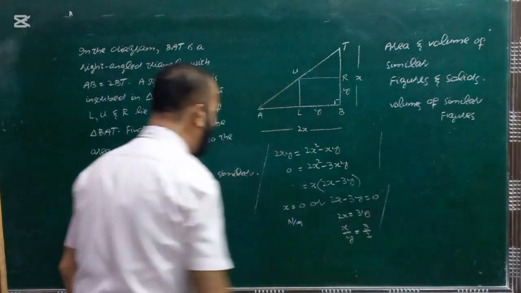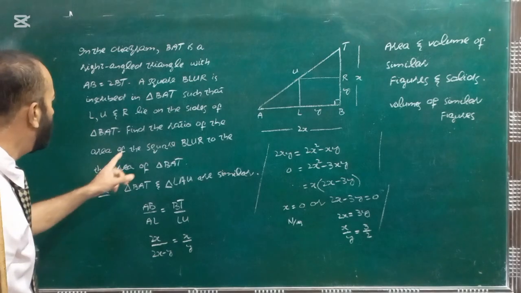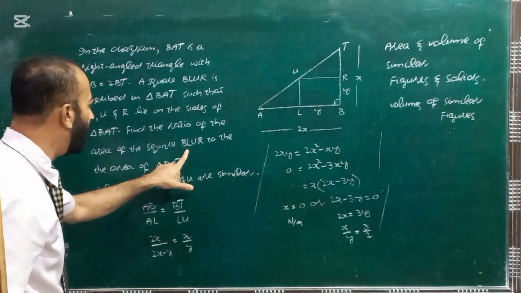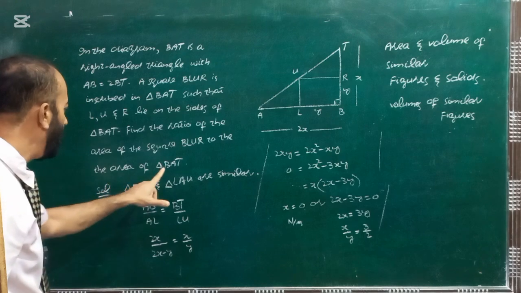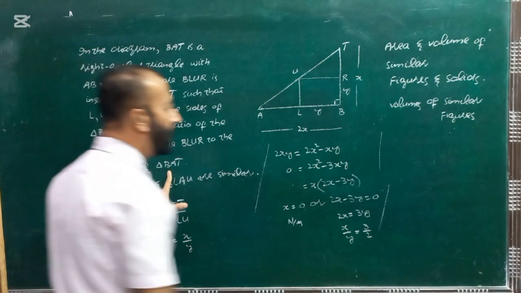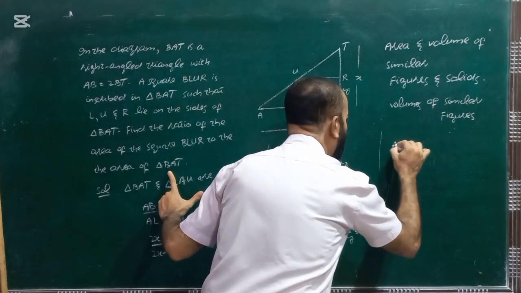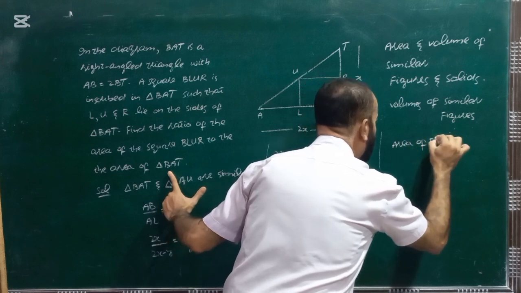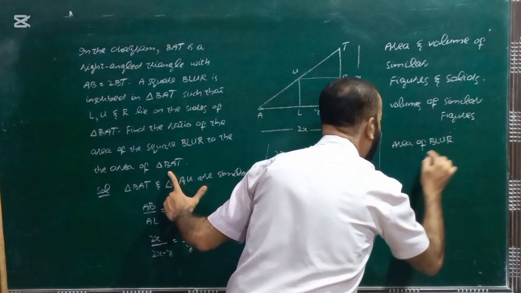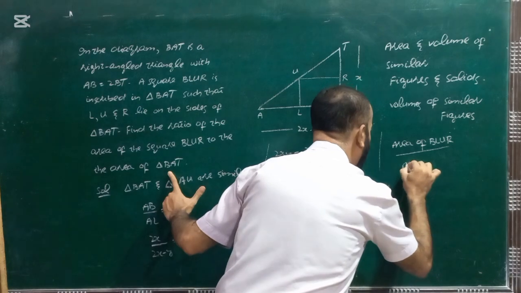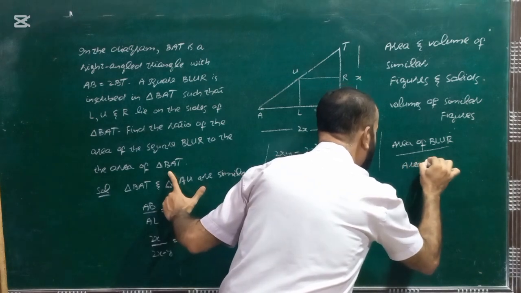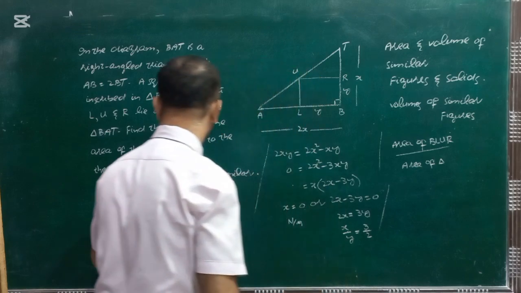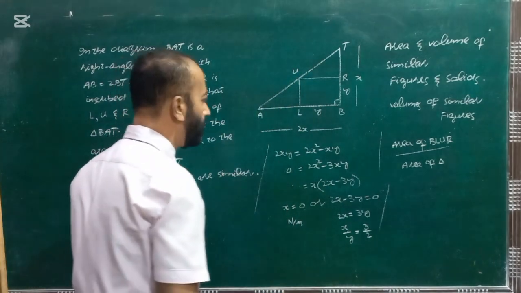And the very final stage is now find the ratio of the area of the square BLUR to the area of the triangle BAT. So look now, area of square BLUR over area of triangle BAT.